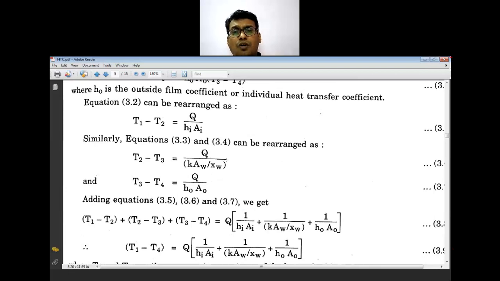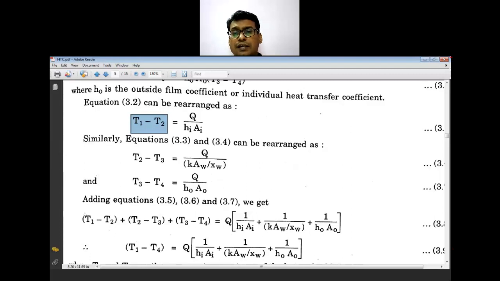As for how that derivation is developed, you can also consider the temperature gradients: Q equals HA delta T, the temperature gradient for the inside heat transfer coefficient, then for the metal wall resistance, then for the outside heat transfer coefficient. All the temperature gradients have been mentioned.